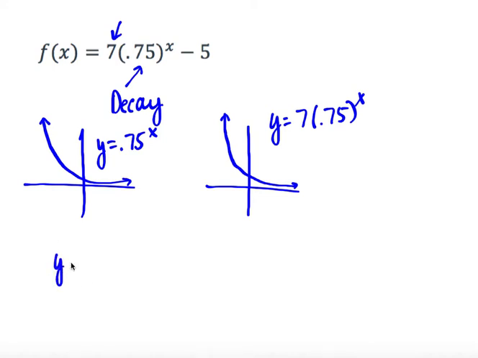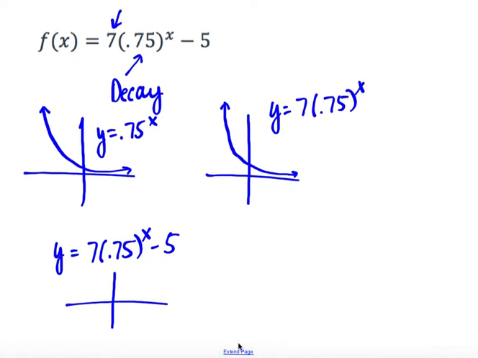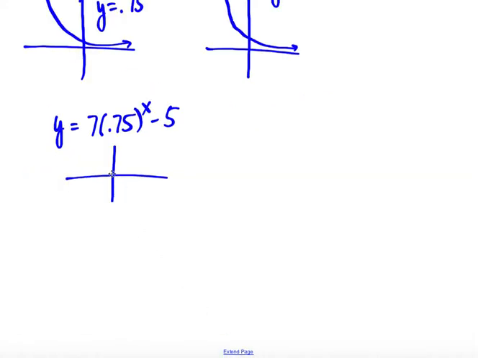And then the last thing that we have to pay attention to is the -5 at the end there. This -5 at the end is a transformation down, so it's going to go down 5 units. So instead of it having an asymptote of y equals 0, it would go down to -5. All the points would move down 5. And that's a really rough sketch. I'm not saying that's the y-intercept, it's just a sketch.